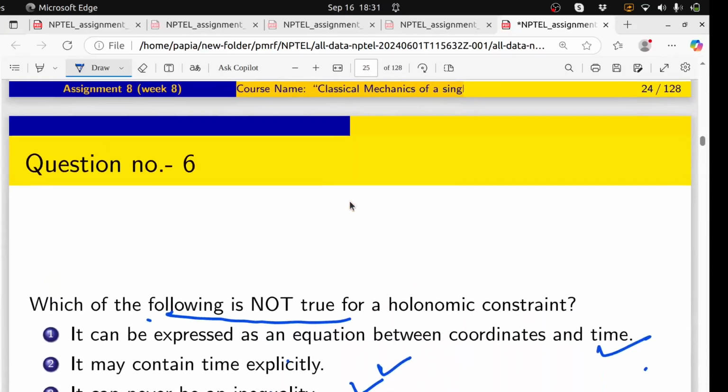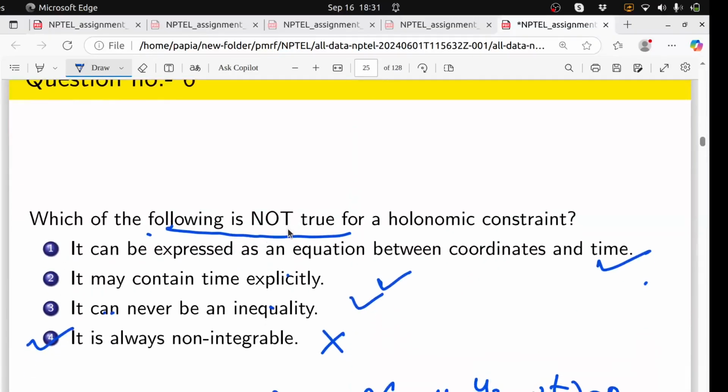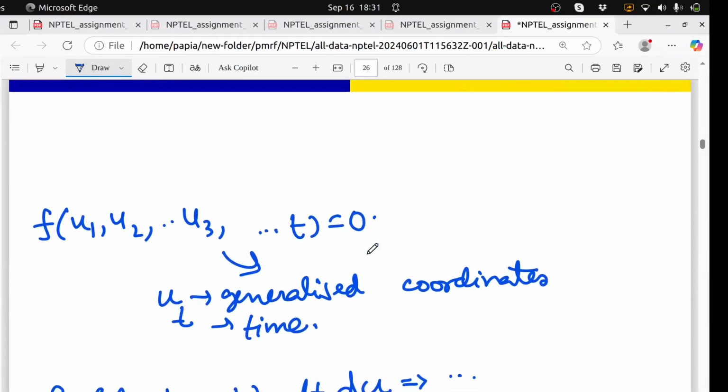Okay, so for the holonomic case, so far we got to know that it can be expressed as an equation between coordinates and time. It may contain time explicitly, it may also not contain time explicitly, it can never be an inequality, it will always be an equality, and it is always integrable with some given conditions as well.